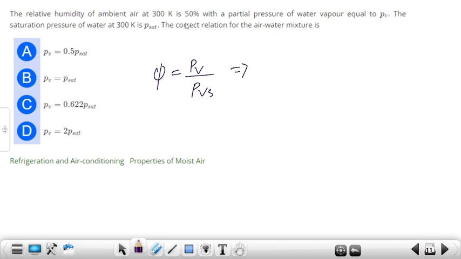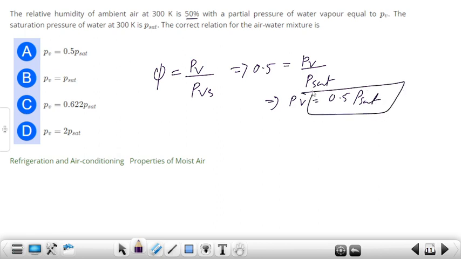Given phi is 50%, that means 0.5, which is equal to PV divided by P saturation. So PV is equal to 0.5 P saturation. Option A is the correct answer.